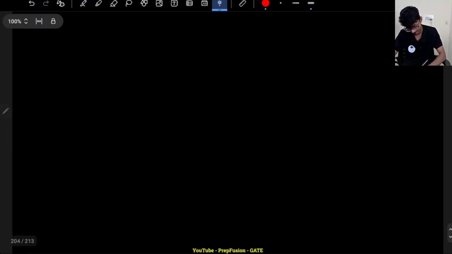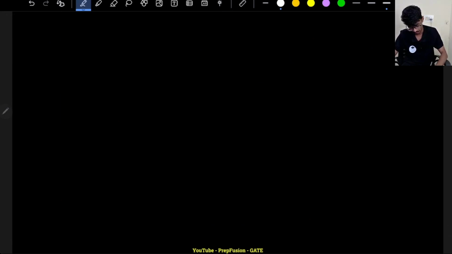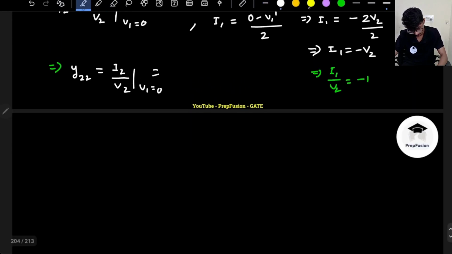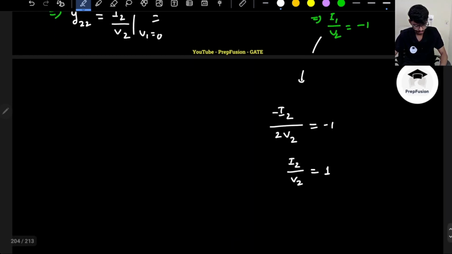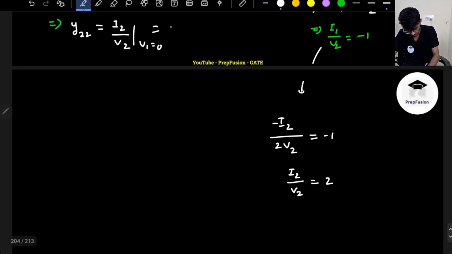If I replace it here, minus I2 divided by 2 into v2 equals minus 1. So I2 divided by 2 equals 1. Sorry, equals 2. So I2 divided by V2 will be 2. So Y22 will be 2 simply.